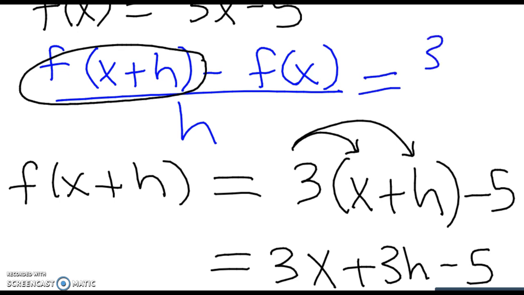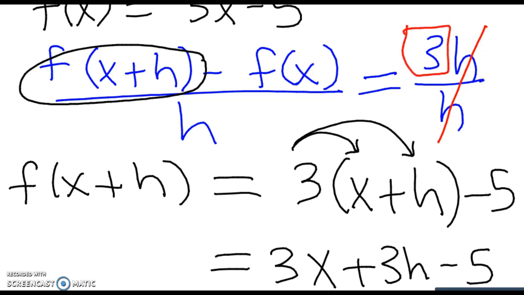And now we still have to divide by h. So 3h divided by h, the h's cancel out, and we are left with 3. So our final answer for the difference quotient for this function is 3.